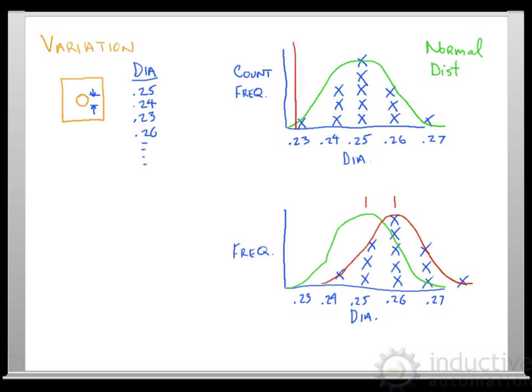So if we have right here, maybe 0.229 and up here 0.275 or something like that, are spec limits. If a part falls out of that, then it's obviously way out of control and we need to do something about it or not accept that part and not include it in our production.